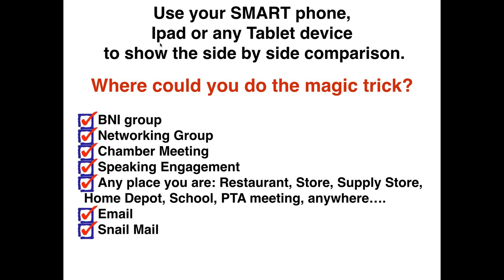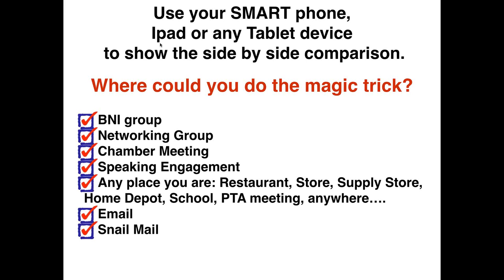You are going, kind of like, ta-da! See, this is your website. It's not mobile friendly. Or ta-da! This is what your website could look like. Or ta-da! I made this sample of a website for you. You can do multiple variations of the smartphone magic trick.